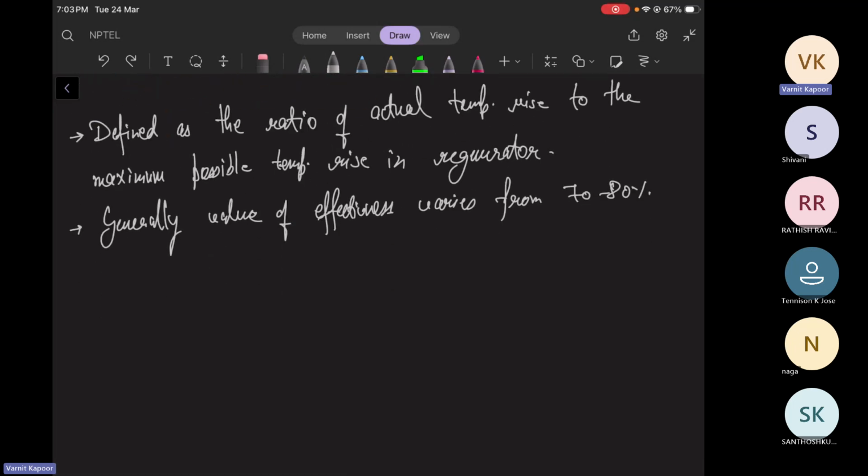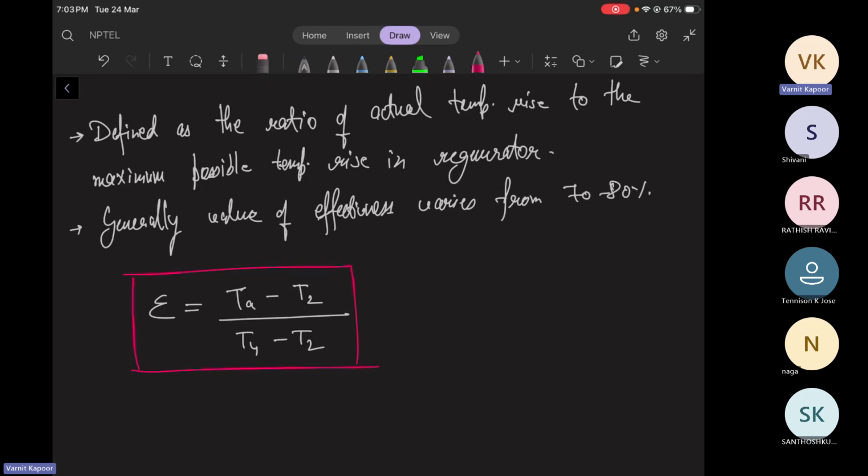So the effectiveness epsilon is (TA minus T2) to that of (T4 minus T2). The actual rise was from 2 to A, that is TA minus T2. And in ideal scenarios, the temperature could have reached whatever the temperature of the exhaust was, up to 4, by the exit of the compressor, but that is not possible.